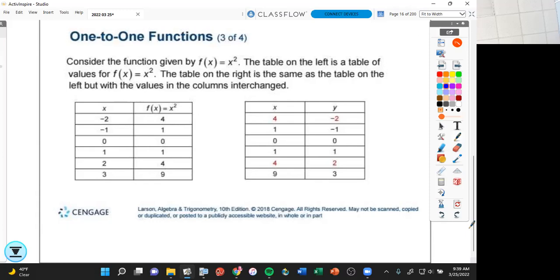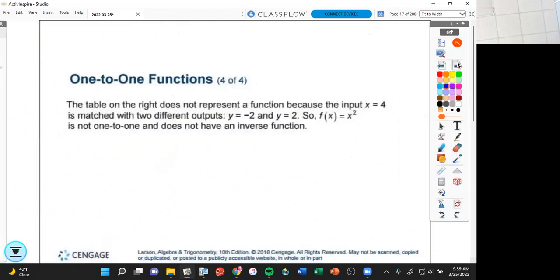Not necessarily, because this is clearly not one-to-one. The table on the right does not represent a function because the point x equals 4 is matched with two different values, -2 and 2. So f of x equals x squared is not one-to-one and does not have an inverse. And I've said this many times today, haven't I? So f of x equals x squared is not one-to-one unless we do what? Restrict the domain. If I can restrict the domain, I can make it happen.